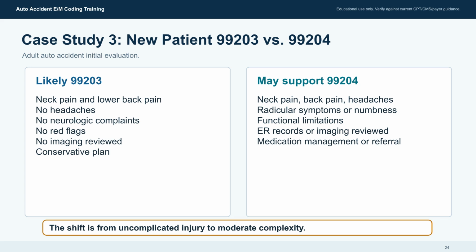But if that new patient also has headaches, radicular symptoms, intermittent numbness or tingling, imaging review, medication management, or referral, the visit may move into 99204 territory. The difference is not just the number of pain complaints. The difference is whether the provider is managing a more complex presentation with more data, more risk, or more treatment decisions.